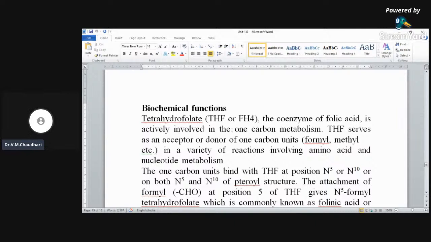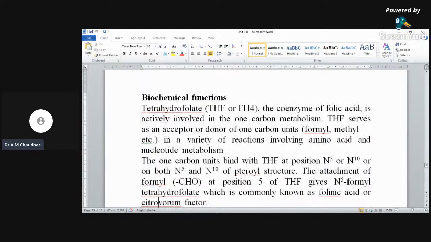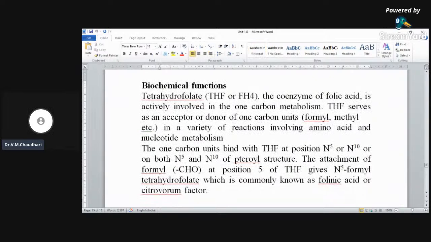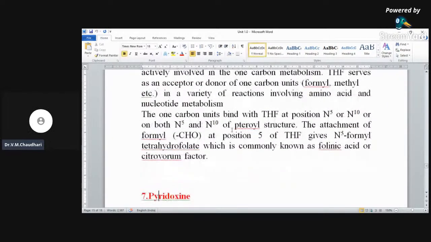Like this way, N5 methyl tetrahydrofolate or N10 methyl tetrahydrofolate. This is commonly known as folinic acid or citrovorum factor.